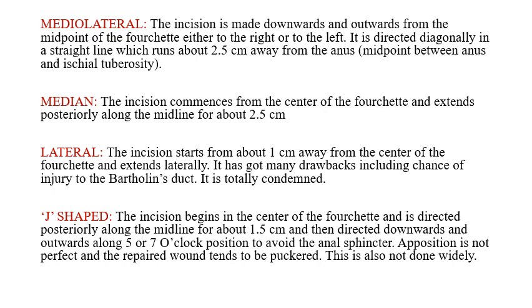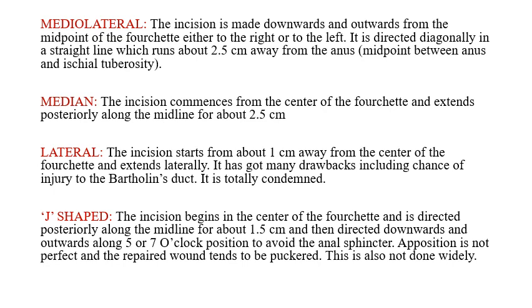Then median episiotomy. Here the incision commences from the center of the fourchette and extends posteriorly along the midline for about 2.5 cm. Lateral. The incision starts from about 1 cm away from the center of the fourchette and extends laterally. It has got certain drawbacks, like there is chance of injuring the Bartholin's duct.